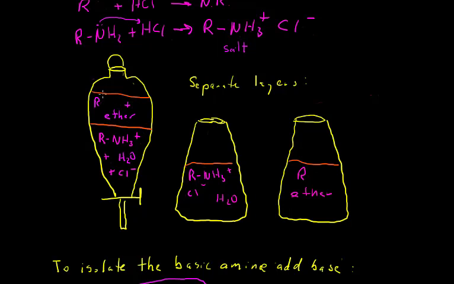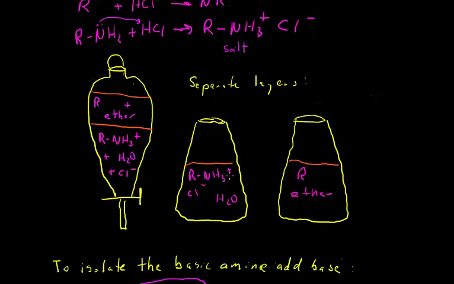The neutral unionized compound, being more soluble in the ether, partitions into the ether phase. And the protonated amine, which is now ionized, remains in the aqueous solution. So you take the cap out, drain the aqueous layer into one flask, switch flasks, drain the organic layer into another one, and we've effectively separated the two compounds.